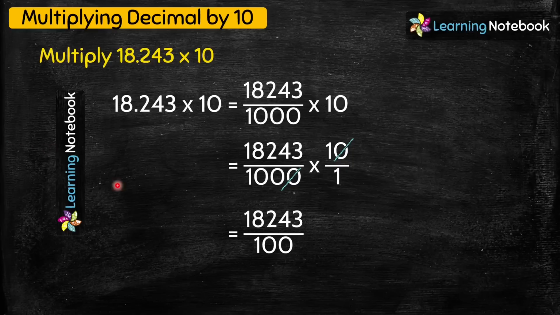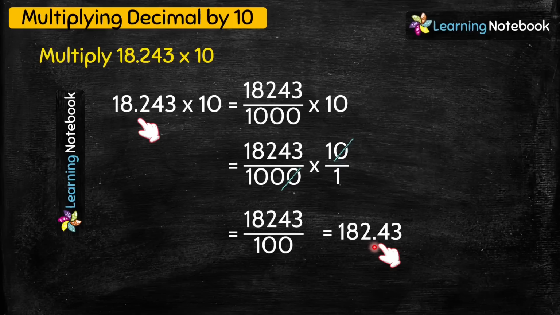Now we will convert this fraction into a decimal number. There are 2 zeros in this. So let's place the decimal point after 2 decimal places. So our answer is 182.43.